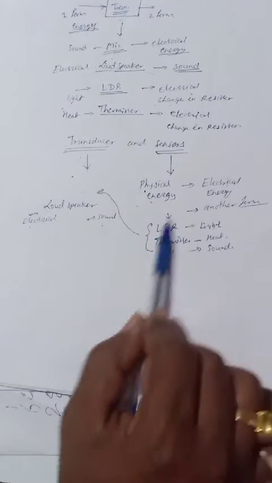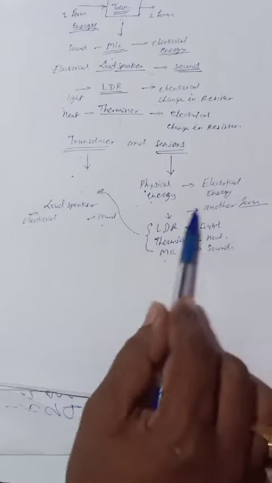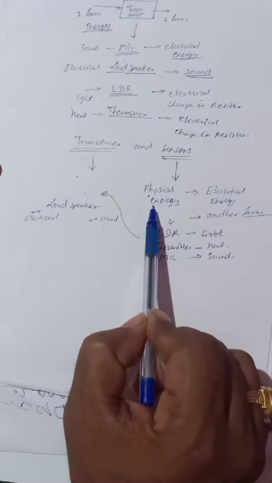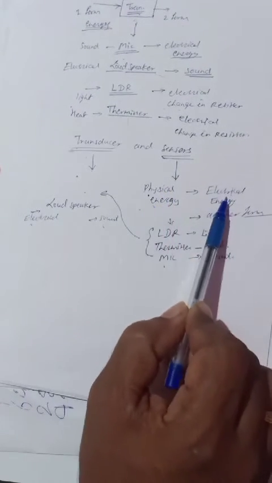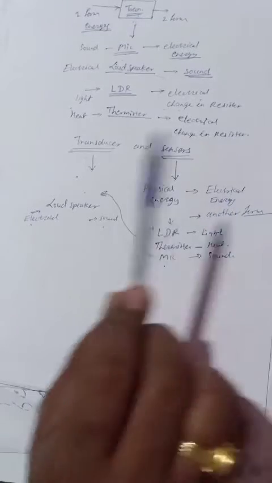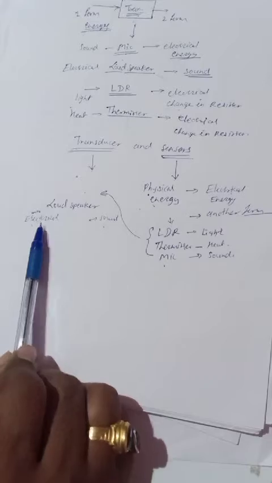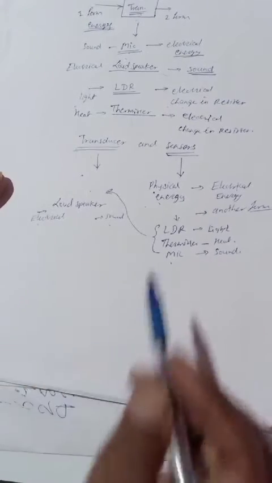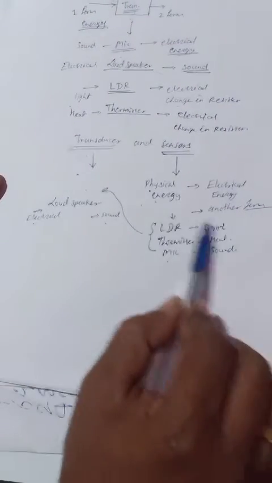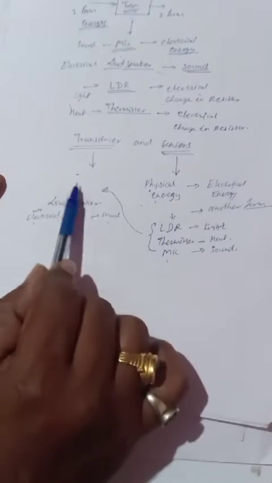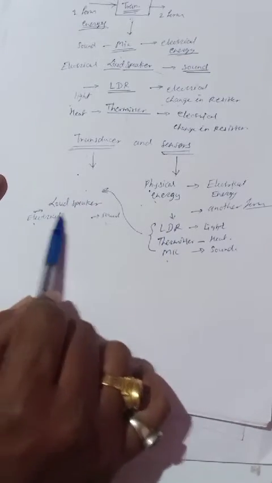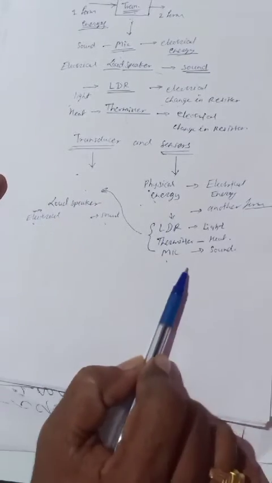Sensors are those which sense a physical quantity and convert it into electrical energy or any other form. So, as I said, all sensors are transducers, but all transducers are not sensors.